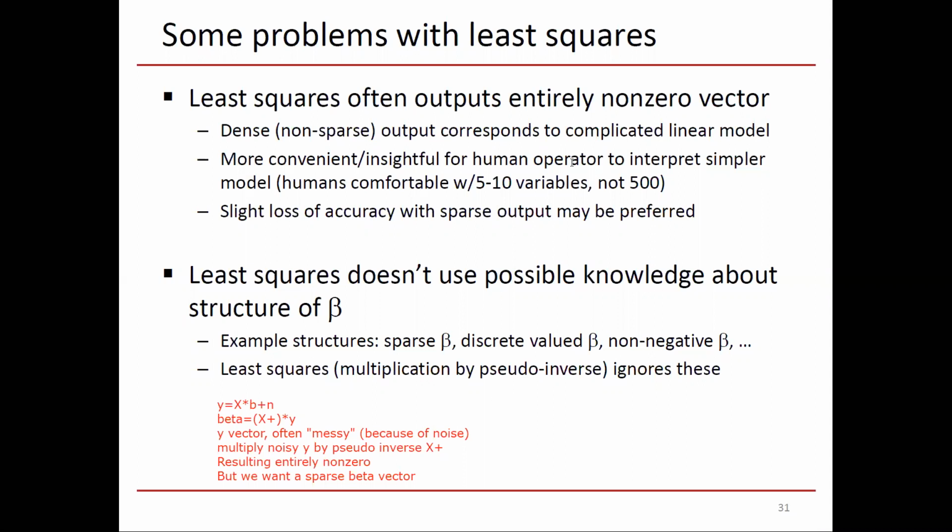Instead, maybe you're comfortable with 5, 6 variables. So we'd like the beta vector to be sparse, and because of that, there will be a small number of non-zeros, and we're willing to accept a slight loss of accuracy. Whereas a completely non-sparse beta might lead to more accuracy in your model, as long as you have a modest amount of accuracy, and the human operator feels comfortable with the model.